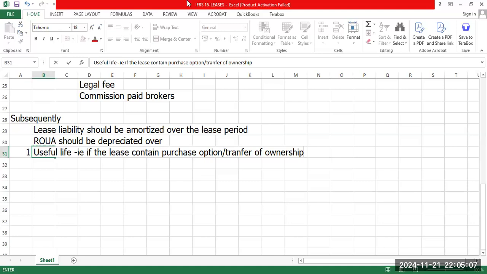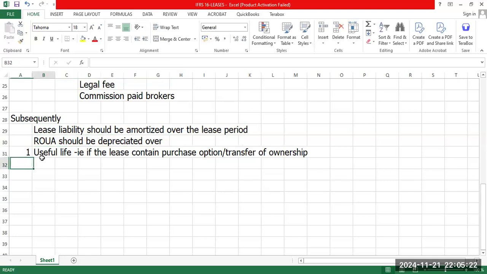So if you read the question and see that at the end of the lease term there is a purchase option, or the ownership will be transferred, then as you depreciate your right of use asset, you should use what? Useful life.